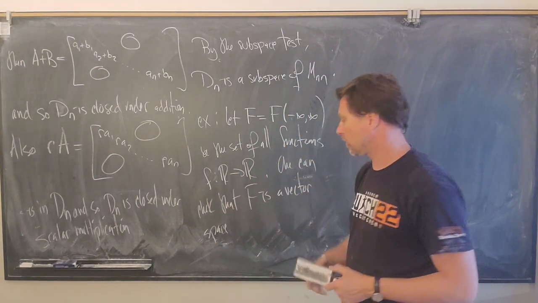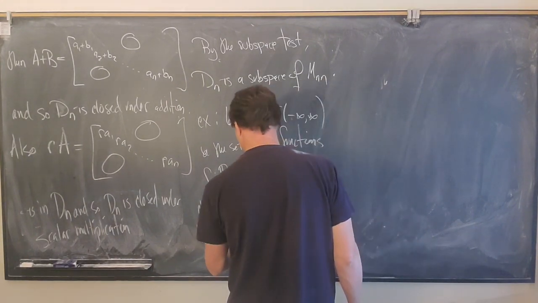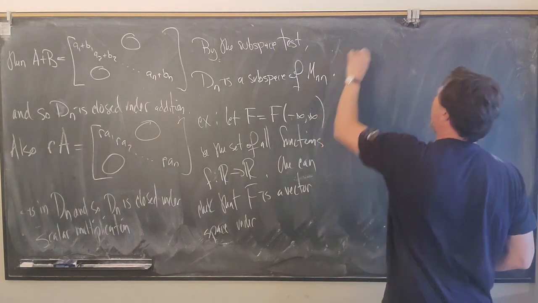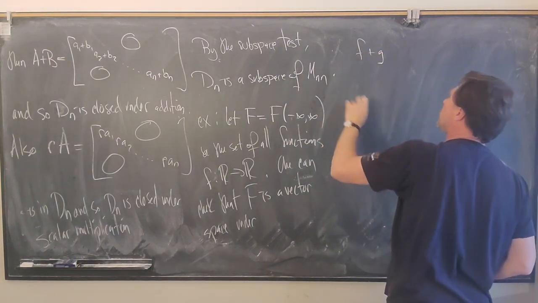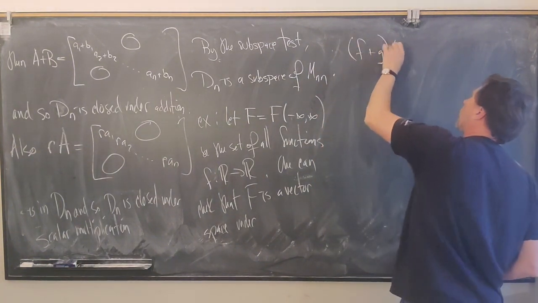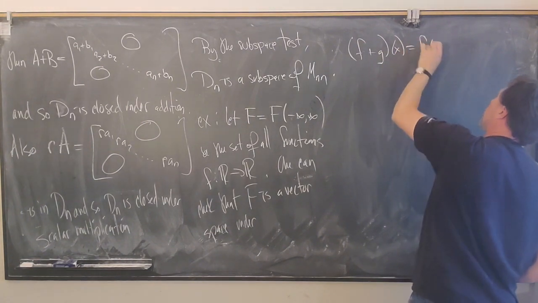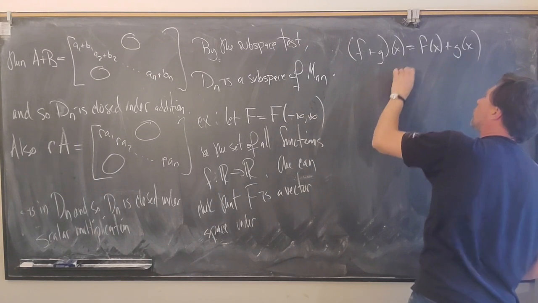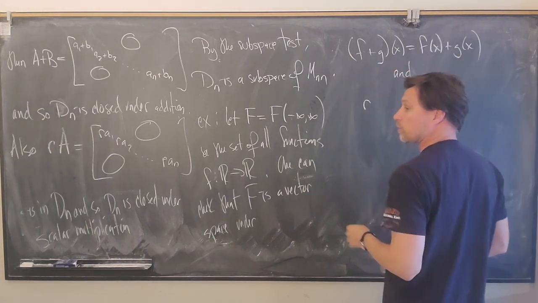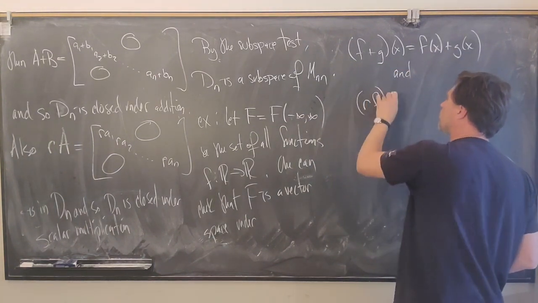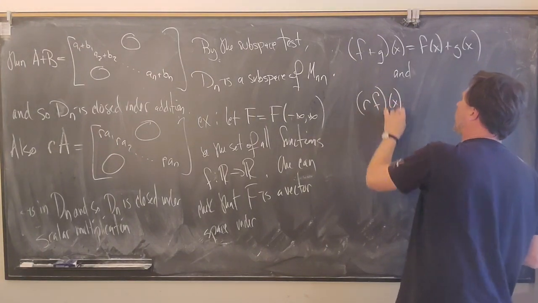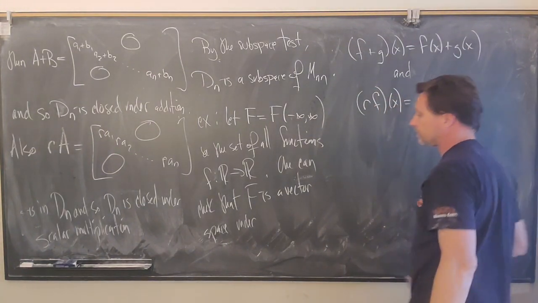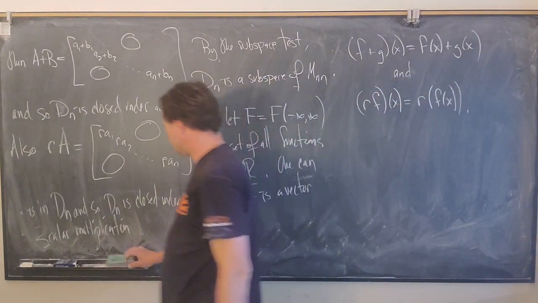They're these things right here. So this is a vector space under the operations. So what does it mean to add two functions? f plus g of x equals f of x plus g of x, and scalar multiplication works like this: Rf of x equals R times f of x.